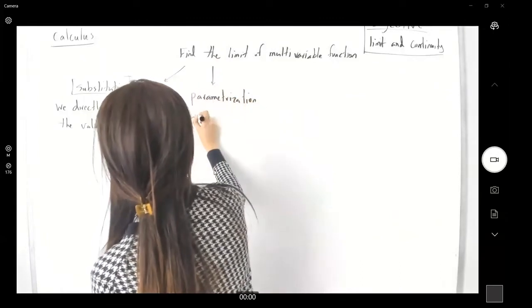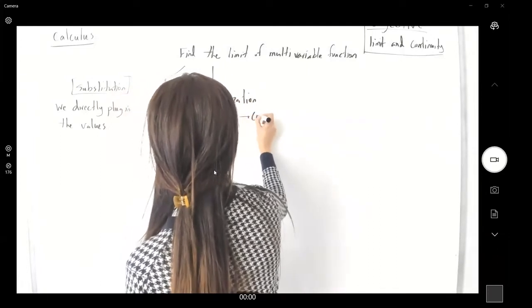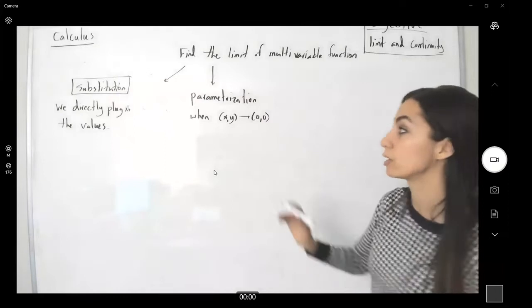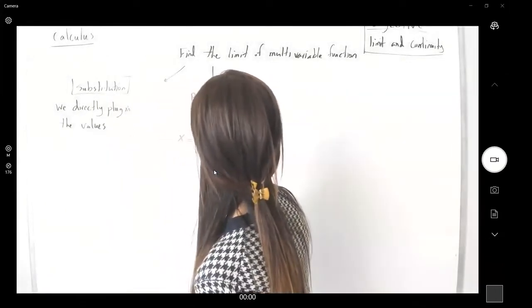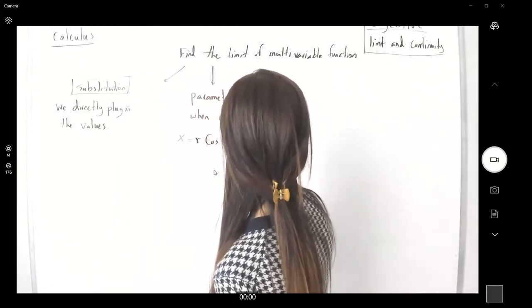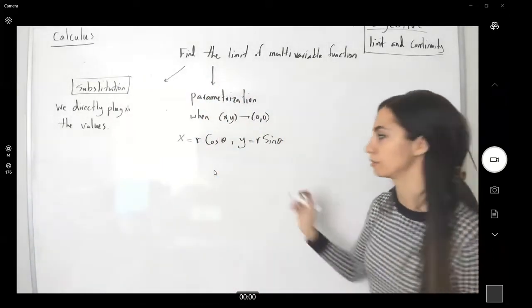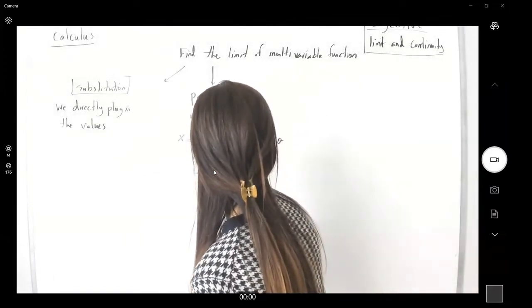Parametrization when x and y approach 0 and 0. In this case, remember what you learned before: x can be written as r cosine theta and y can be written as r sine theta. So this is just the equation of a circle.